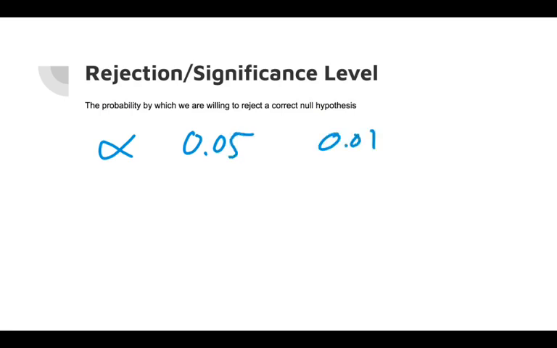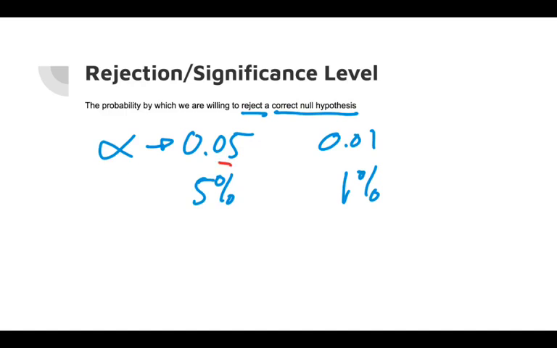What this really means is if you set your alpha at 0.05, you're saying you're willing to accept a 5% chance, or a 1% chance at the other level, that you're going to reject a correct null hypothesis. What risk are you willing to take?